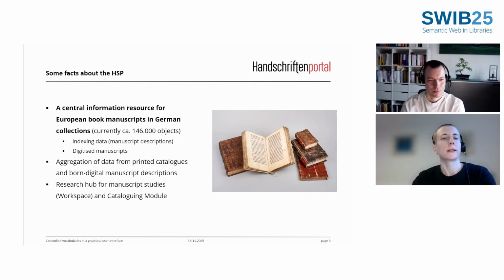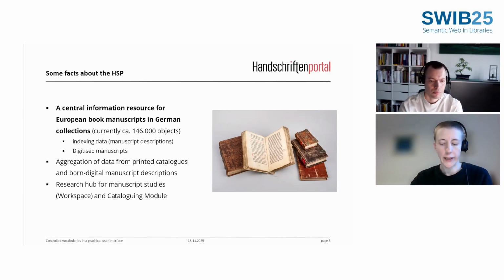The cataloging data, or the indexing data, is very heterogeneous. It is an aggregation of data from older printed catalogs as well as born-digital manuscript descriptions, which were published only recently. So we have a huge variety of data.